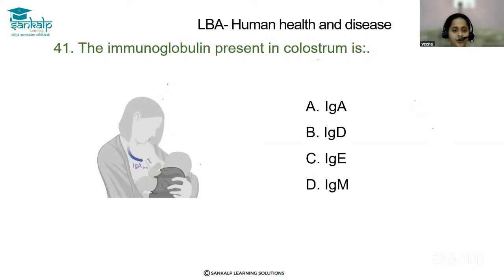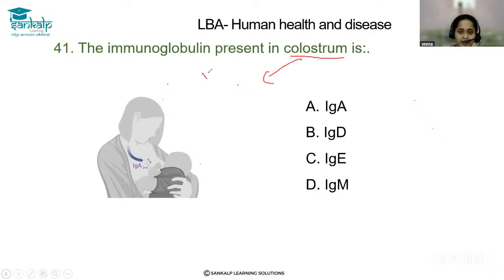Let's solve question 41. The immunoglobulin present in colostrum is. So dear students, already in human reproduction you have learnt about this, right? So colostrum, what do you mean by colostrum, dear student?